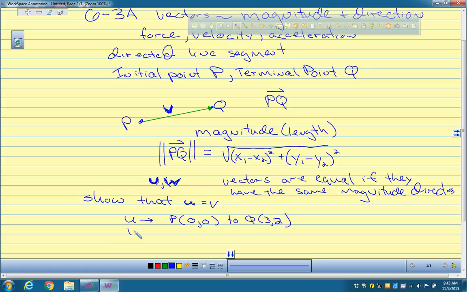And v goes from R, which is at 1, 2, to S, which is at 4, 4.